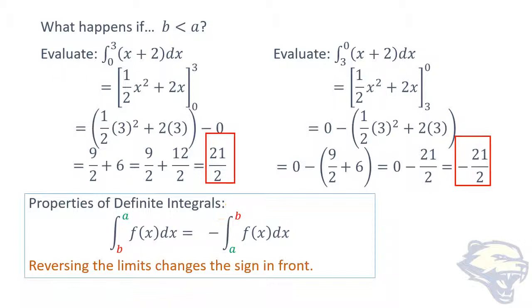So if I switch the order, it's going to change the sign on my answer. That's where this negative came from in the second version, because it was kind of backwards, quote unquote. So if the lower limit is greater than the upper limit, it comes out with the opposite signed outcome from what you would have had if they were in order.